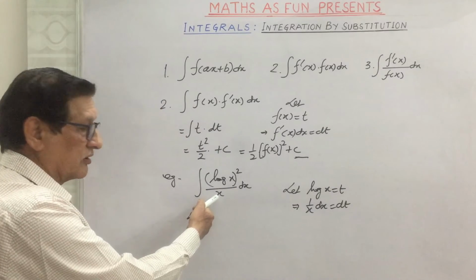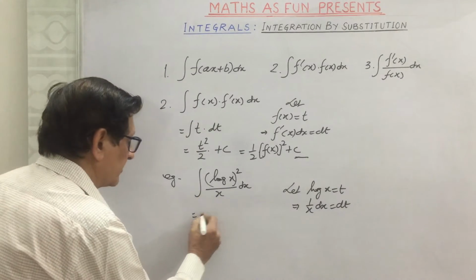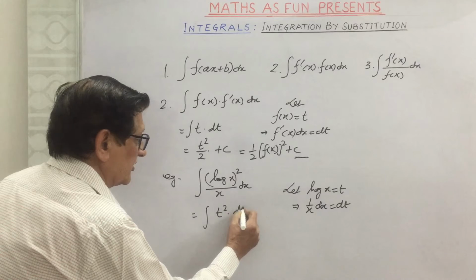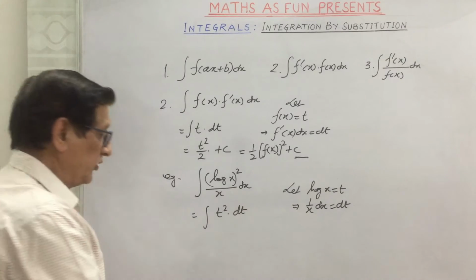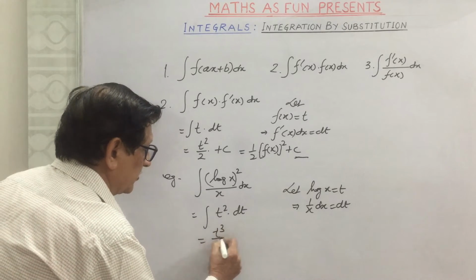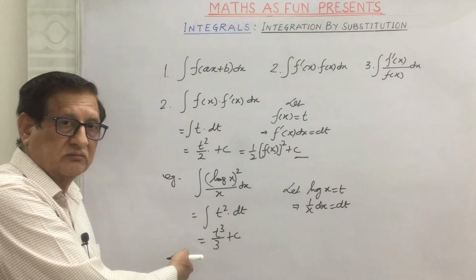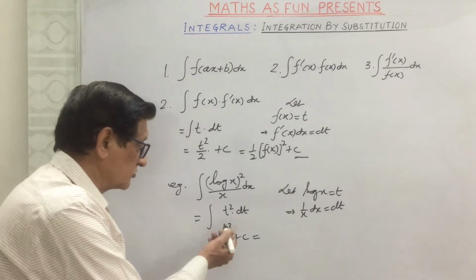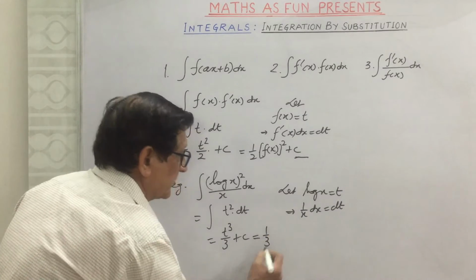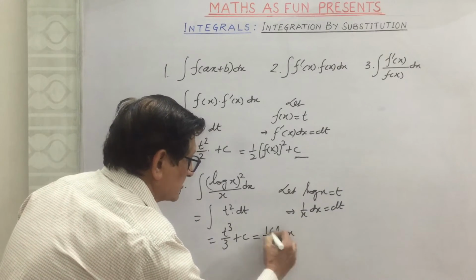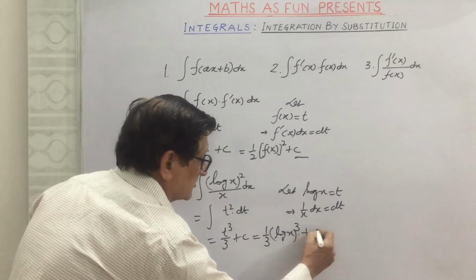So this can be converted into dt, and we can write this as t square into dt, which gives us t cube upon 3 plus c, because this is the standard form of the integration. And when we substitute the value of t, we get 1 upon 3 log x whole cube plus c.